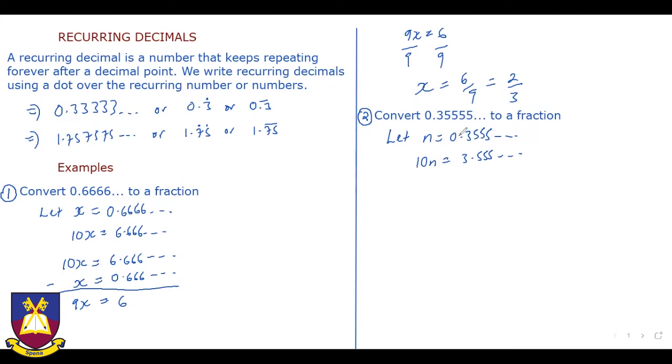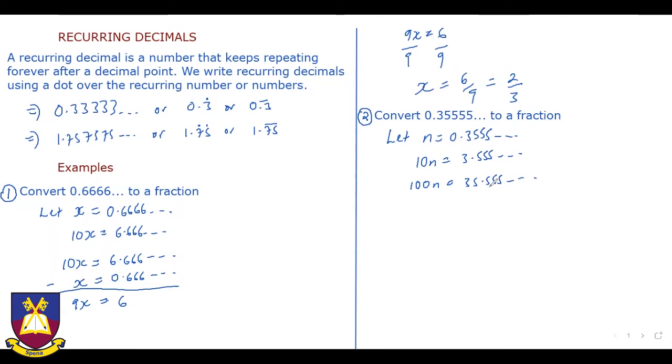We want to get a number that we can multiply so that it can bring this decimal point just after the first recurring number, which is 5. So it has to move 1, 2, two decimal places. That means we shall multiply with 100.